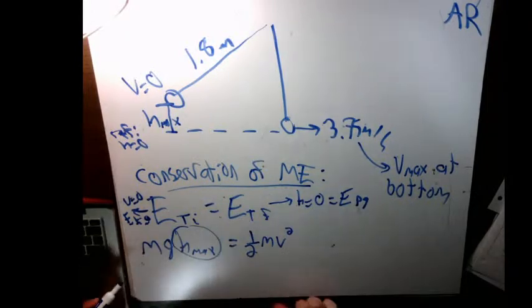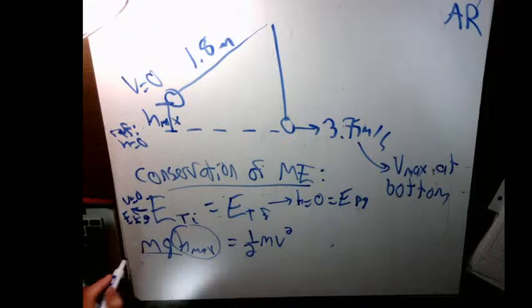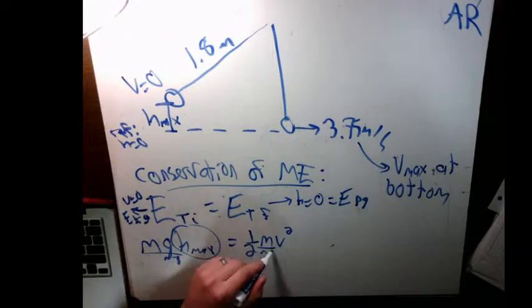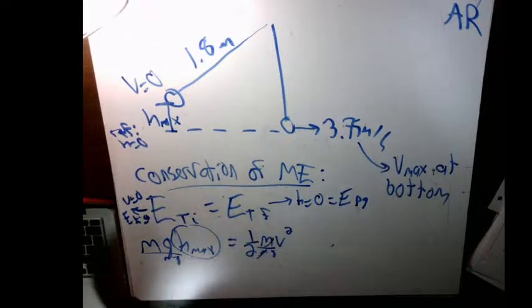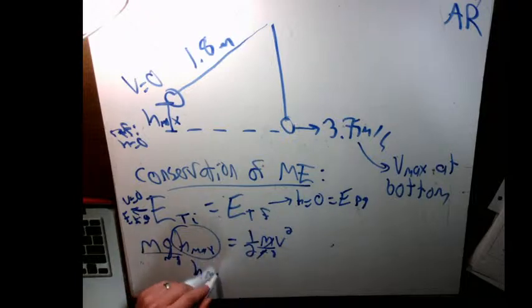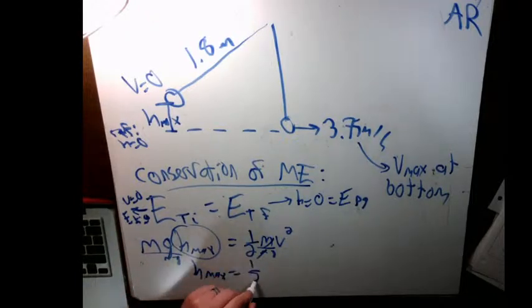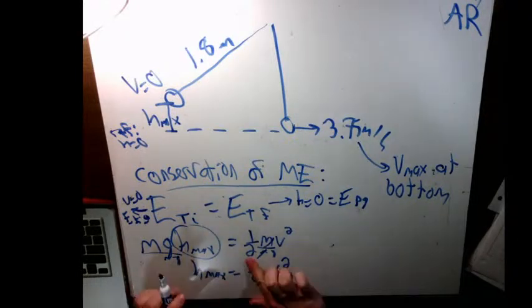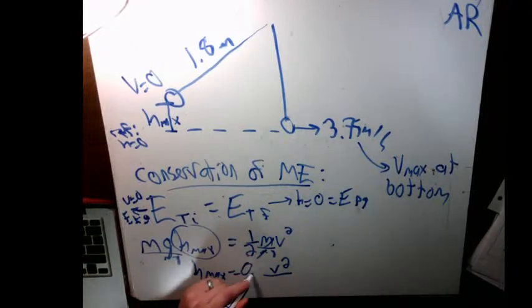All we have to do is isolate that variable by dividing both sides by mg. And nicely, our masses cancel. We have our maximum height is equal to half, m's cancel, v squared over g. I like writing it with a decimal here, 0.5 v squared over g.